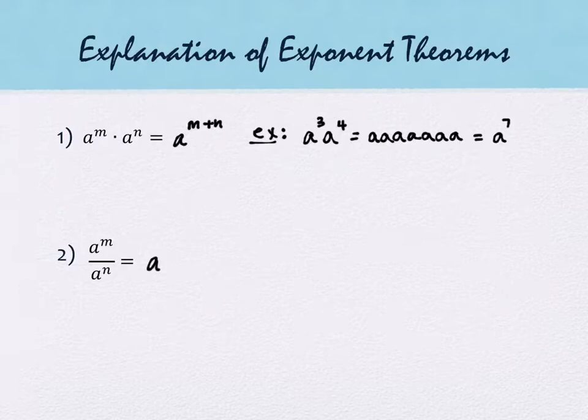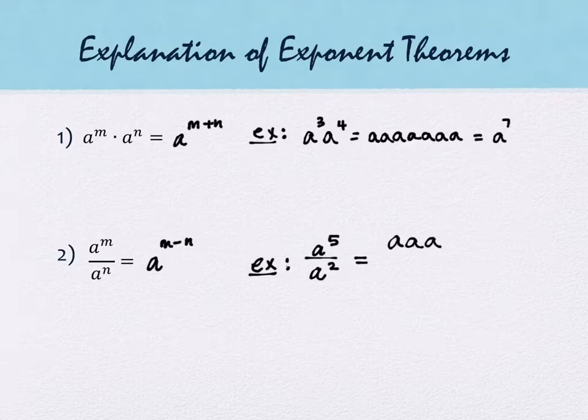On this one, this was a to the m minus n. So we're going to do, for example, a to the 5th over a squared. So the a to the 5th is 5 a's. A squared is 2 a's. And when we have variables, of course, written side by side, we mean that they are multiplied, whether we have the dot or not.